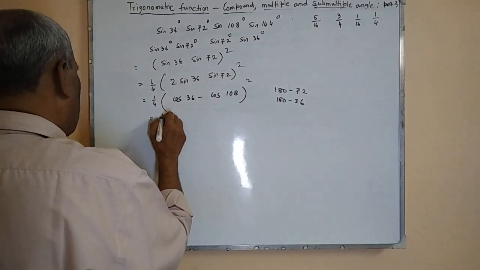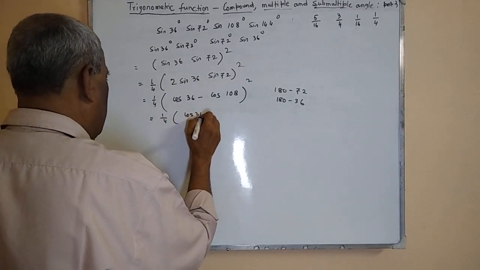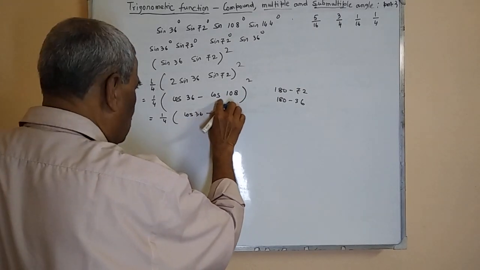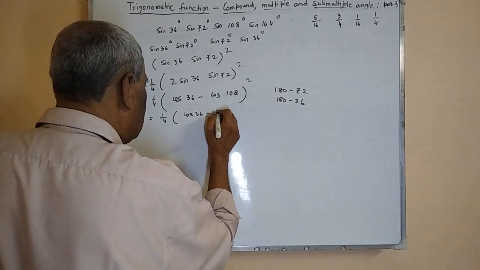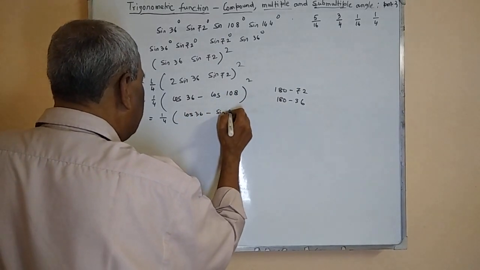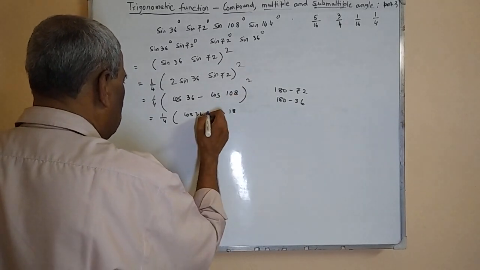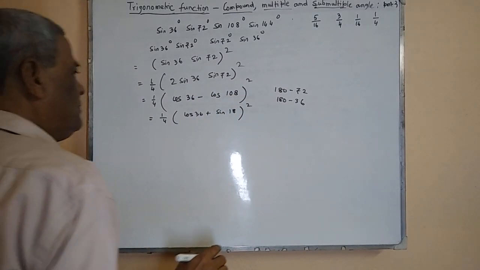It is equal to 1 by 4 into cos 36 degree minus cos of 90 plus 18, so that is sine 18 degree, and it is second quadrant so it will be positive, minus is converted to positive.